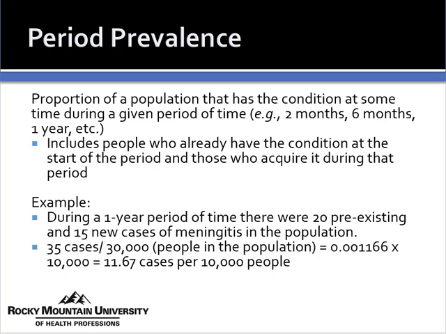In this example of a 1-year period of time, when you start the study, there were 20 people with pre-existing cases of meningitis, and then 15 new cases developed over the 1-year time period. That gives you a proportion of 35 cases out of 30,000 in the population. In other words, 11.67 cases per 10,000 people.